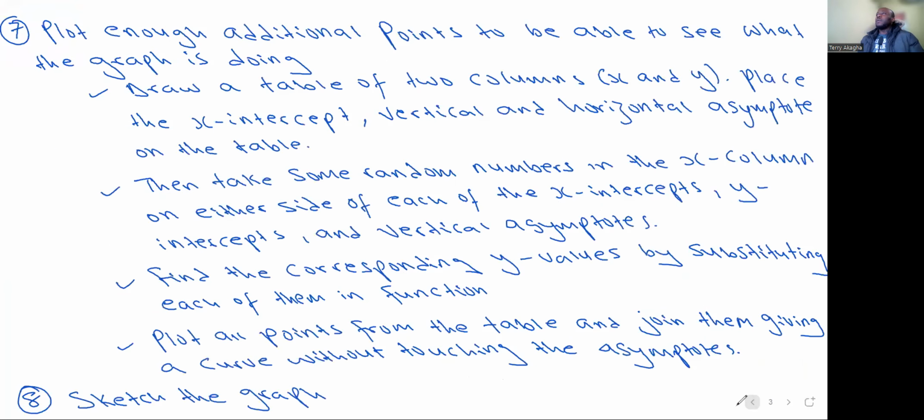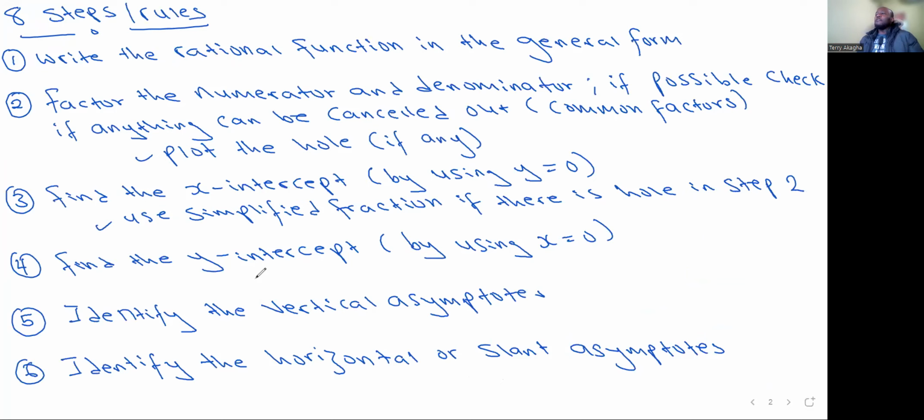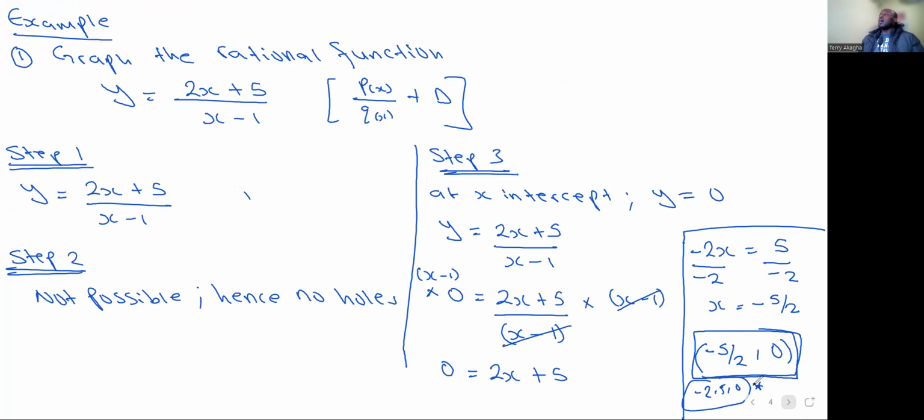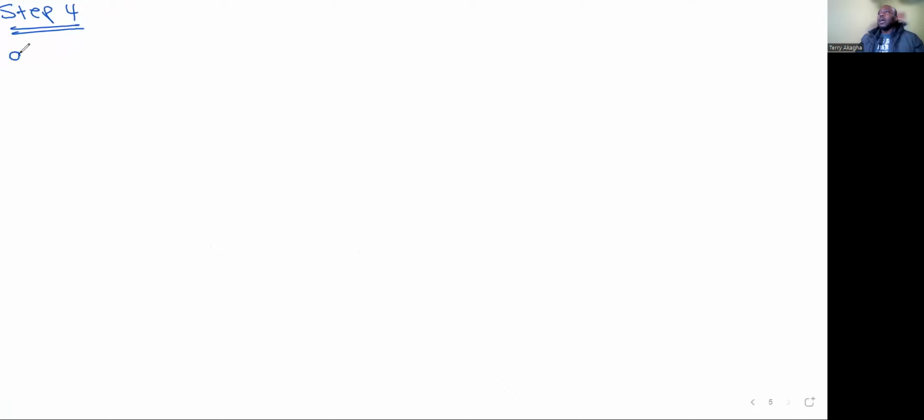Let's go to step 4. We have to then find the y-intercept. So we know at the y-intercept, x is equal to what? 0.